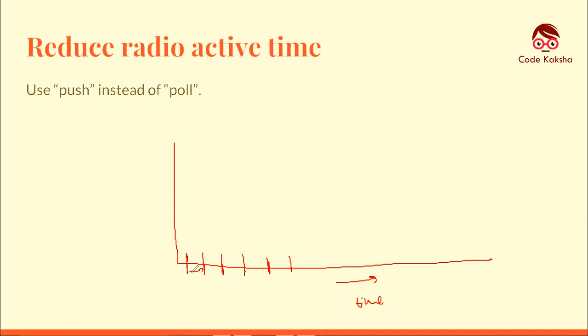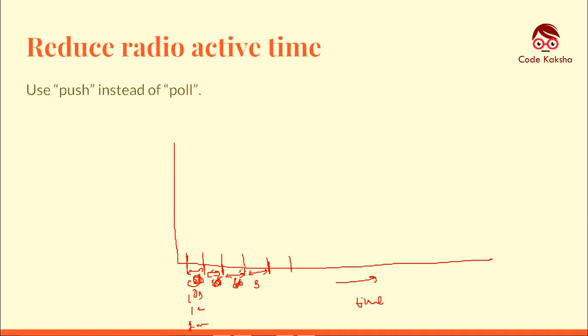One strategy is to poll the server for data every 5 seconds. This period can be variable, it can be 10 seconds, or 1 minute, or 2 minutes, right?